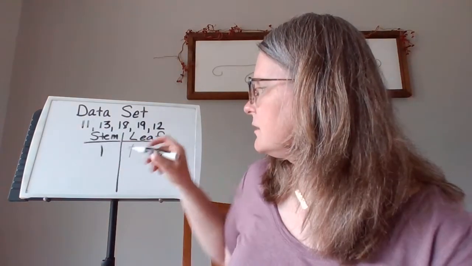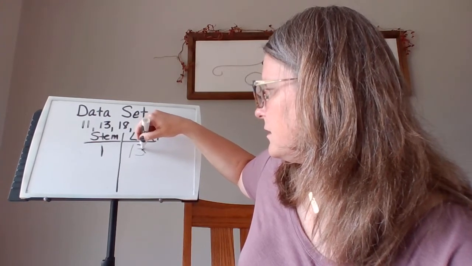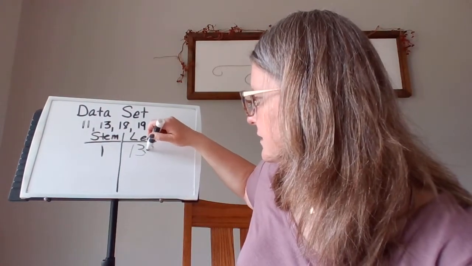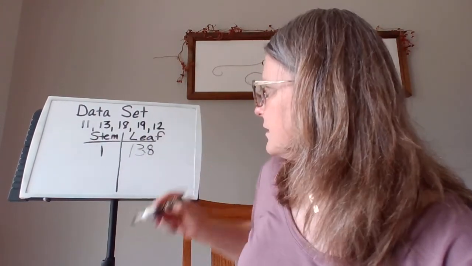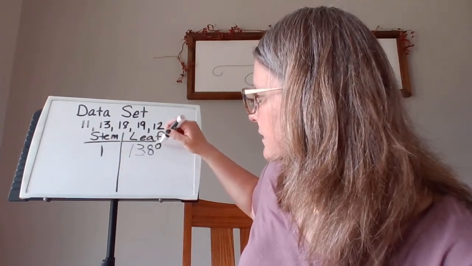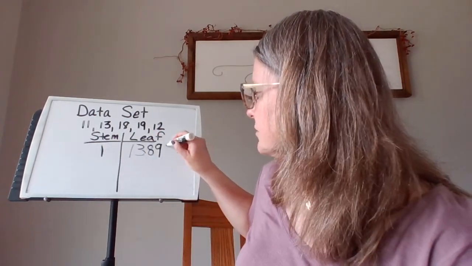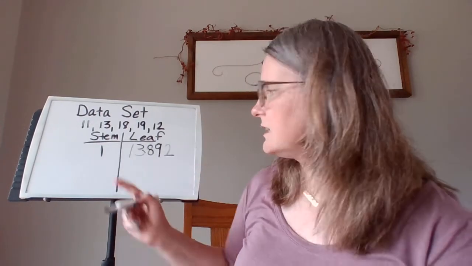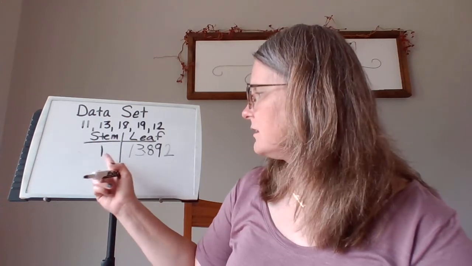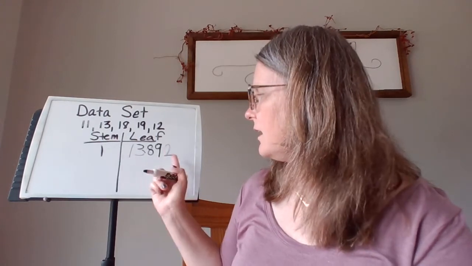In the 13, we have a 3. 18, we have an 8. 19, we have a 9. And 12, we have a 2. So when we go back to read this data, we would look at it like this. 11, 13, 18, 19, and 12.